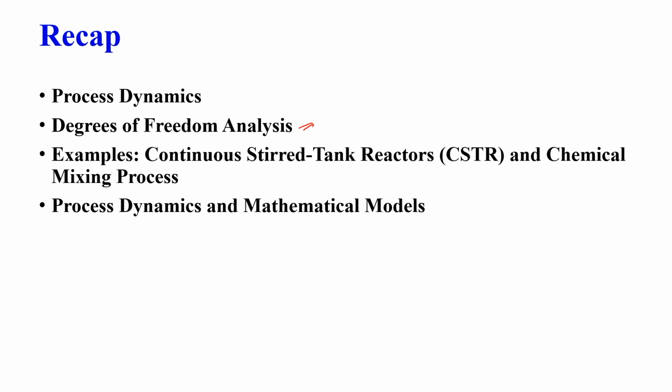Then, once you have developed the models, you may have linear or nonlinear equations and how to solve them. So, we need to utilize different software and numerical methods to get the solution.